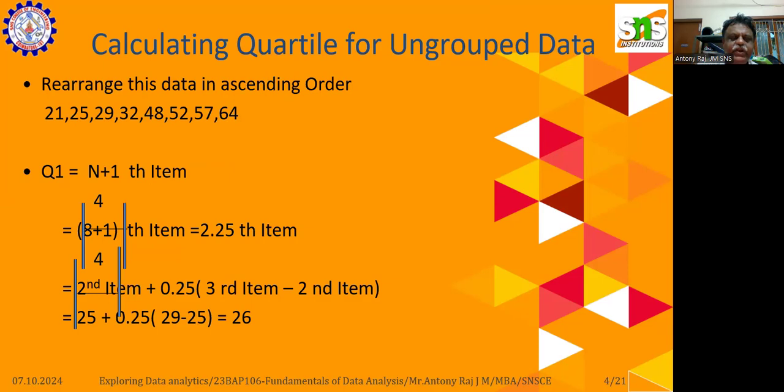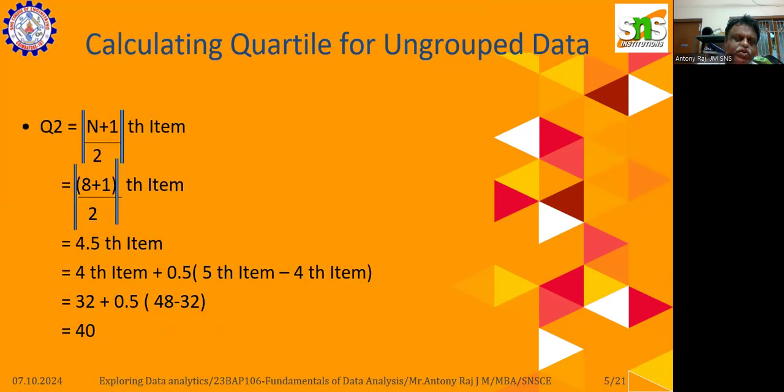It is written as the second item plus 0.25 into the third minus the second item. Since we already arranged the data in ascending order, we have 25 plus 0.25 into (29 minus 25), which gives 26. So the quartile value Q1 is 26.